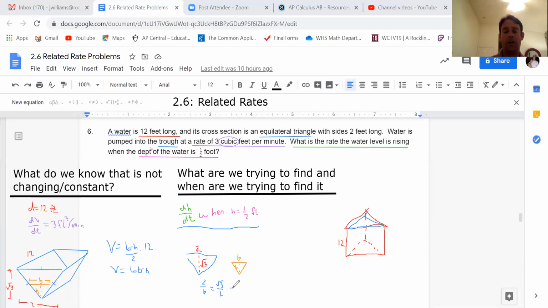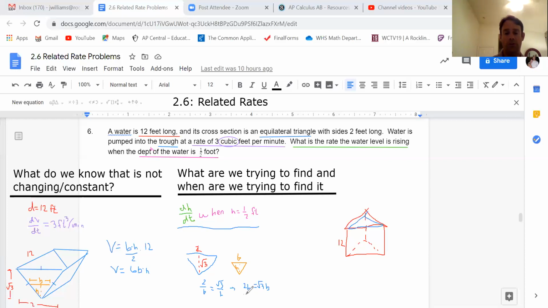And again, this gets back to that idea: we don't know what we don't know until we find out we don't know it. So if I cross multiply, I get 2h equals root 3 times b. And again, we want to deal with h, so I want to get b by itself.